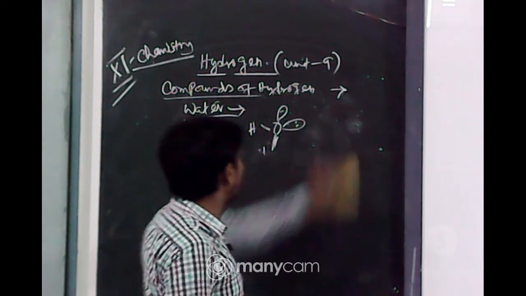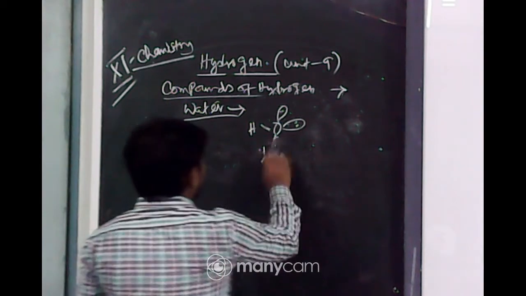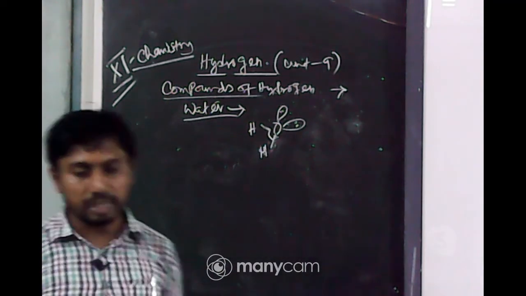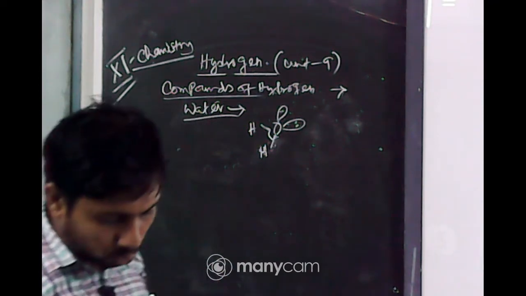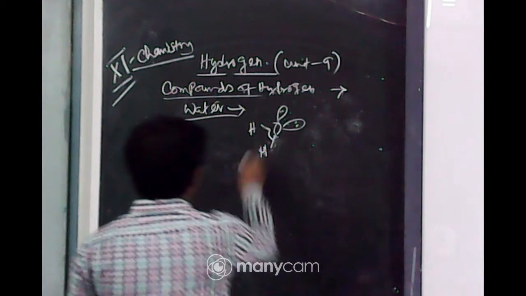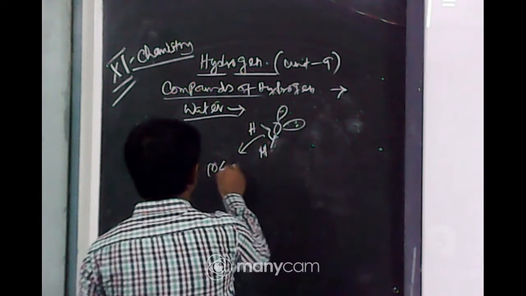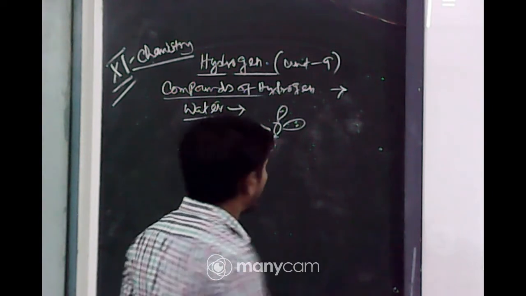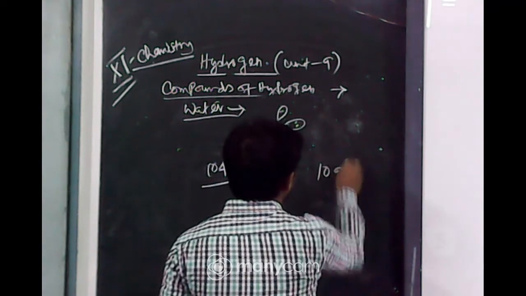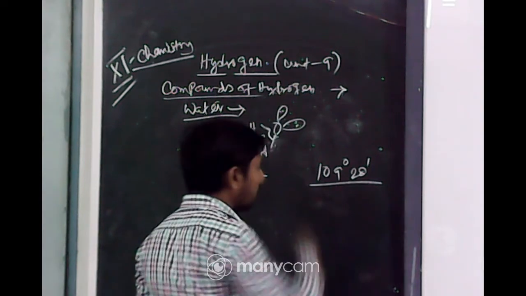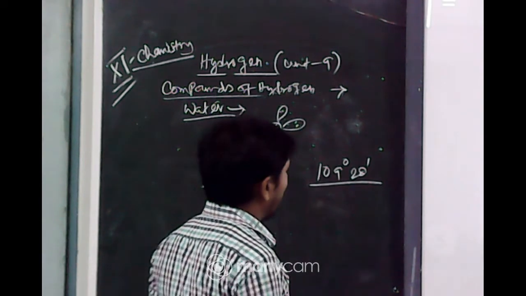So, it is the H2O. What is the interatomic distance? The bond angle of HOH is equal to 104.5 degree. But as sp3, the correct bond angle is 109 degree 28 minutes. It should be the actual bond angle.